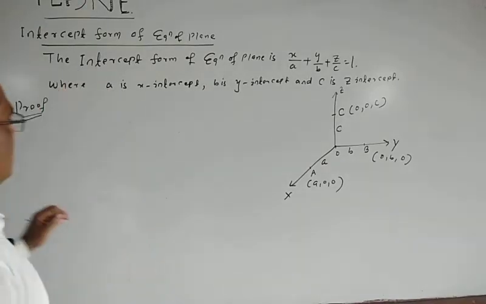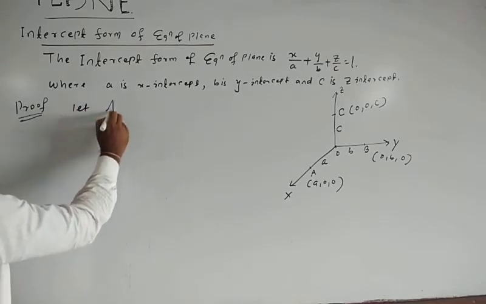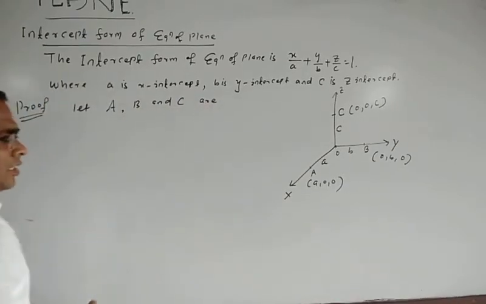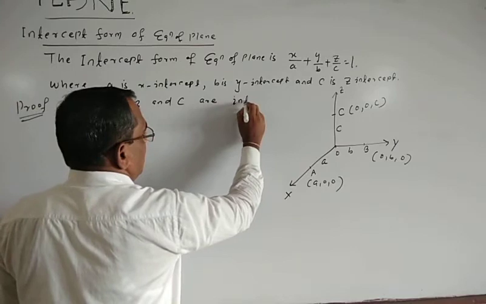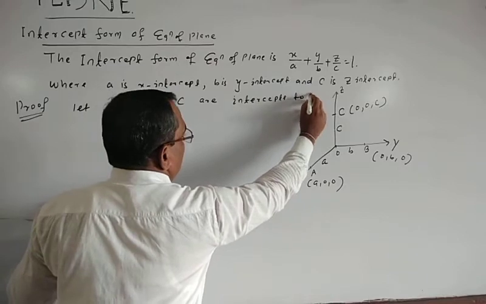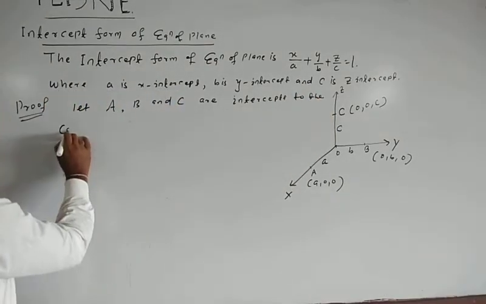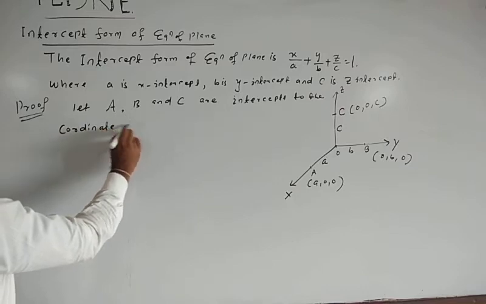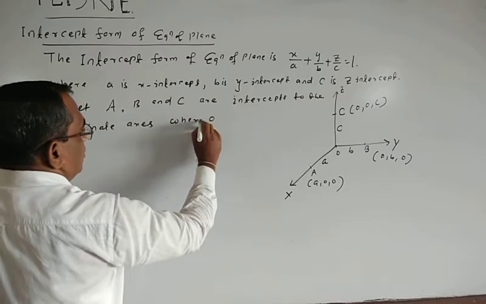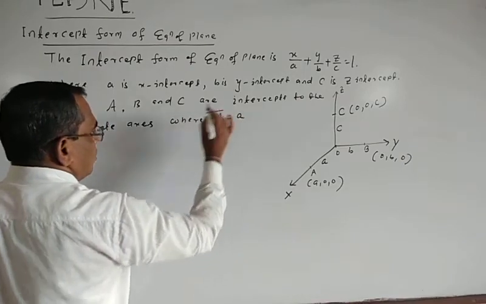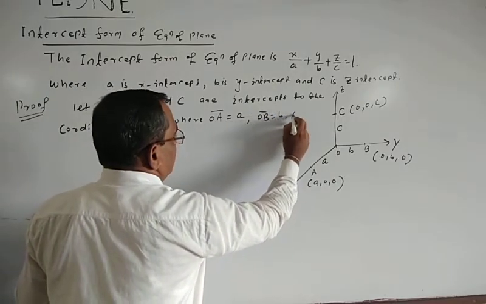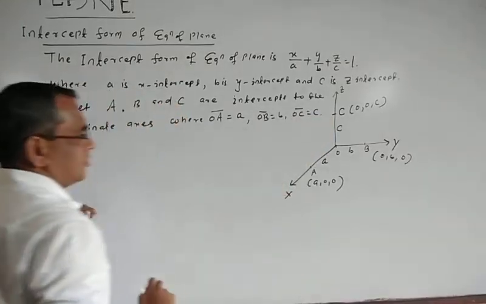Okay, let capital A, B and C be the intercepts on the coordinate axes, where OA is equal to a, the x intercept, OB is equal to b, and OC is equal to c.